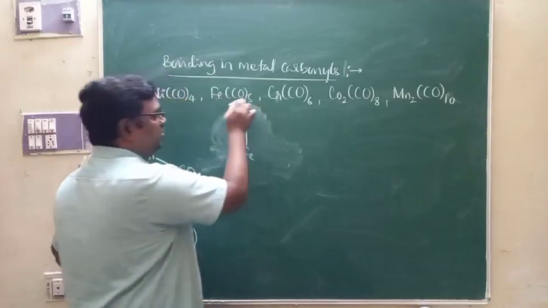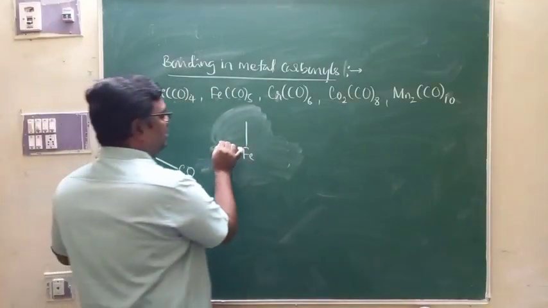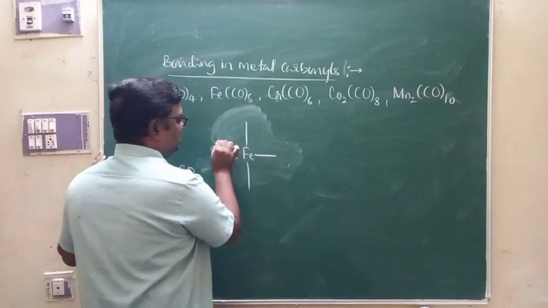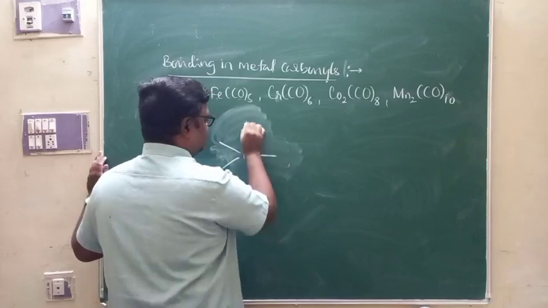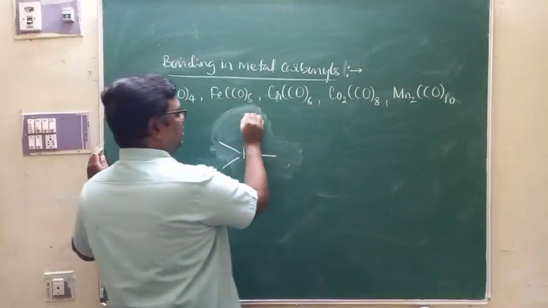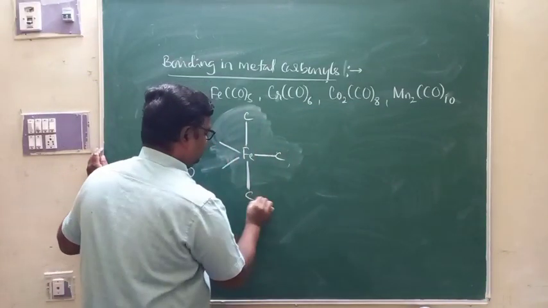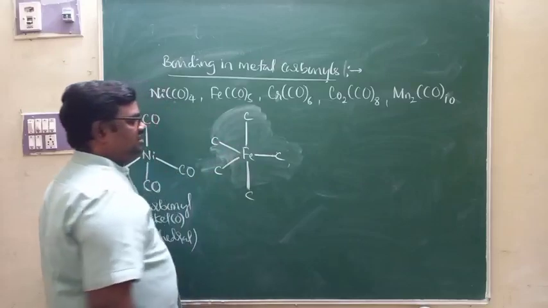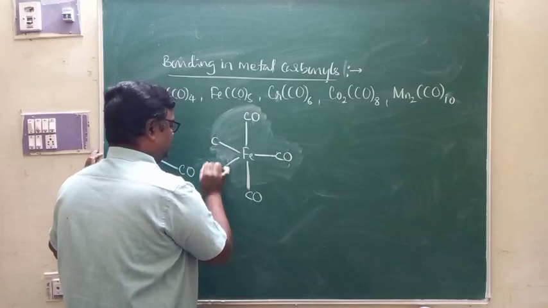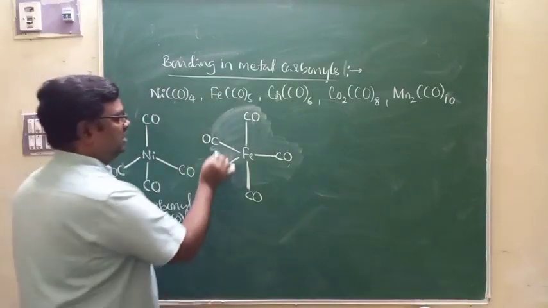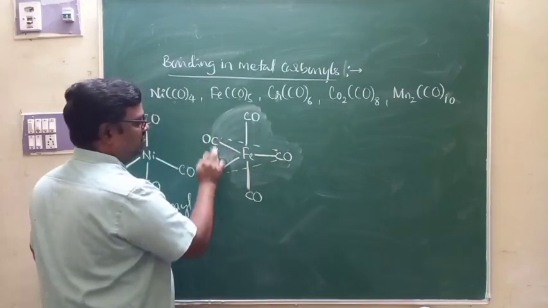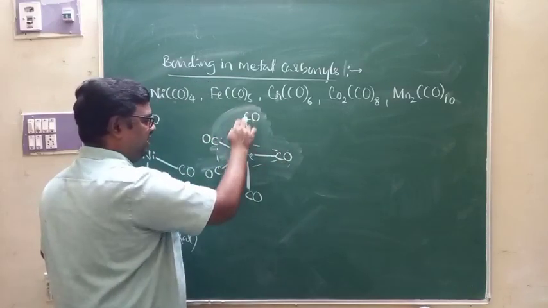If it comes to Fe(CO)5, 5 carbon monoxide ligands are attached to the iron, which leads to the formation of trigonal bipyramidal geometry. You write the 5 carbon atoms first, then you connect oxygen. This is what we call trigonal bipyramidal. 3 ligands are in one plane, one ligand is above the plane, and another is below the plane.